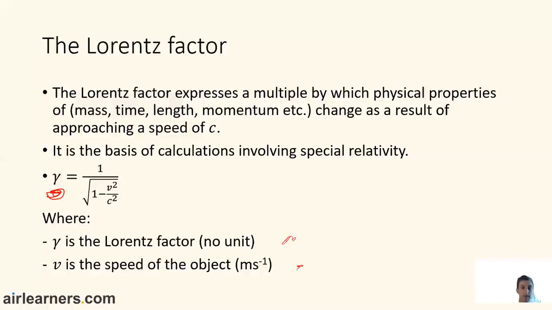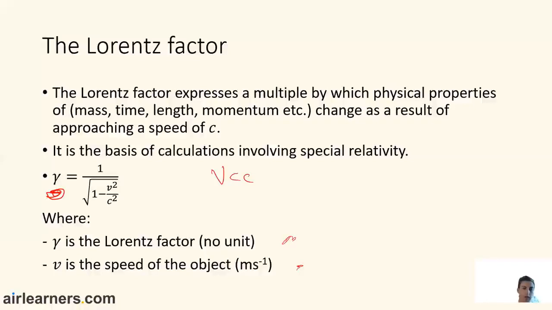Some important things to note with gamma is that v can be anything as long as it's more than 0, because velocity has direction, so we can always express it as a positive quantity with a direction. So there's no real restriction on v. What is important, though, is that v is less than c. And that must be the case because you can't exceed the speed of light.